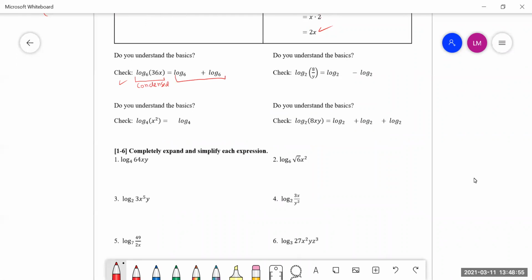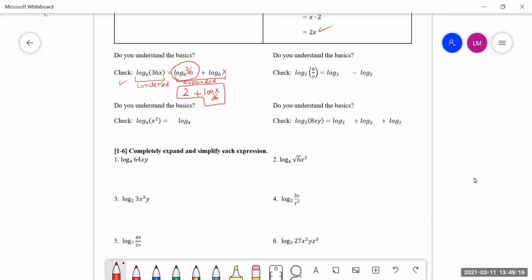So it's going to become log base 6 of 36 plus log base 6 of x. Now that I expanded, I can evaluate log base 6 of 36, which is 2, plus, but I cannot evaluate log base 6 of x because I don't know what x is, okay?